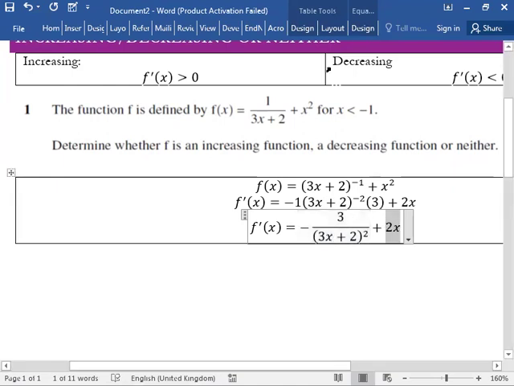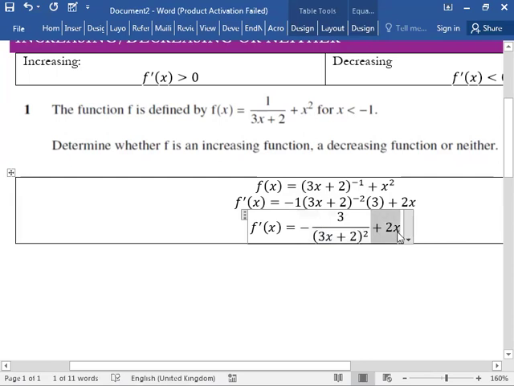And what about this part? If I input values of x less than negative 1, then what happens to plus 2x? That also becomes negative. So this part is negative for all values of x in the given domain. I know this part is negative and this part is negative.